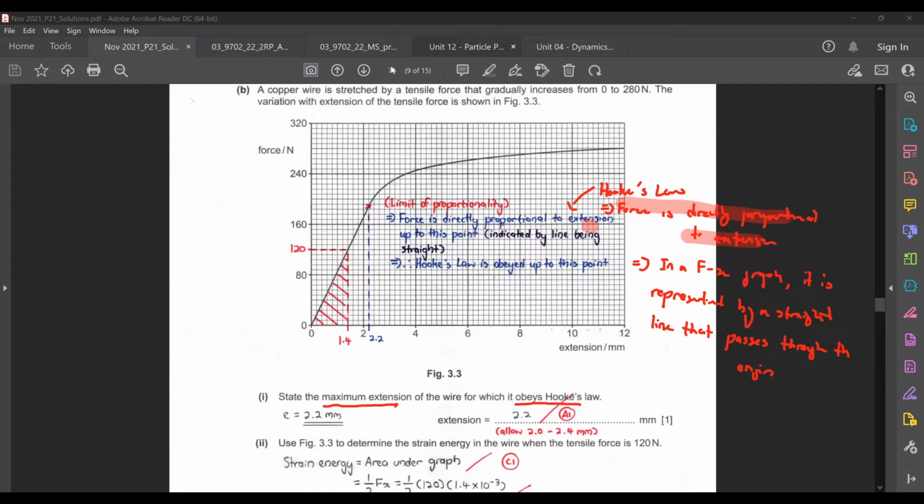All right, so that is what we know from Hooke's law. Force is directly proportional to extension. In an F-x graph, it is represented by a straight line that passes through the origin.